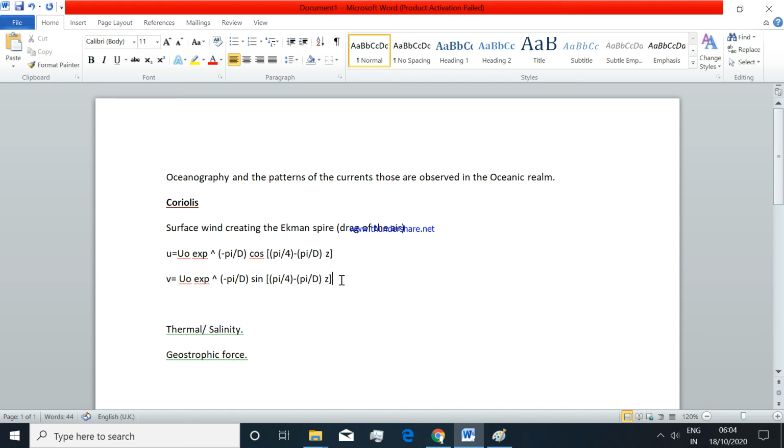Instead of cos, we get a value of sine, and this velocity component is taken as the velocity component at any depth in the direction of the wind.